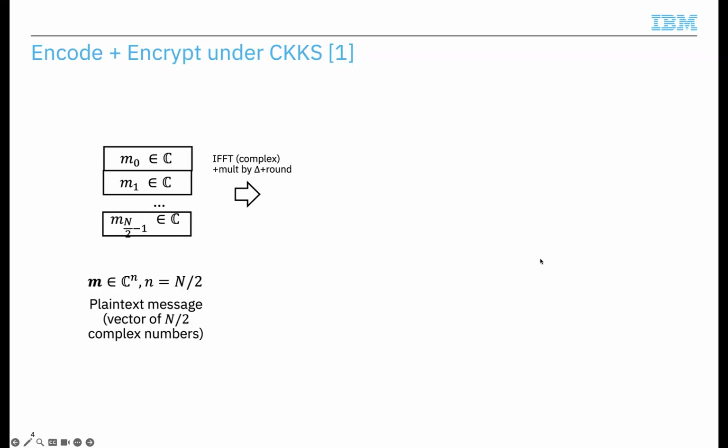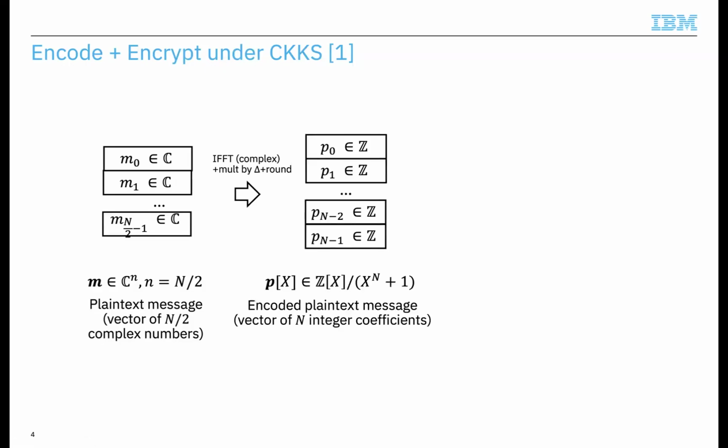But we have to go first from this raw data into the plaintext space where this is all represented using a polynomial. So this notation belonging to Z just means it's an integer. All of these coefficients of the polynomial are integers. And this is the plaintext.